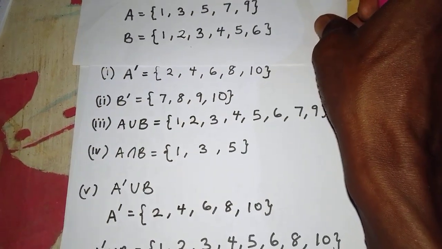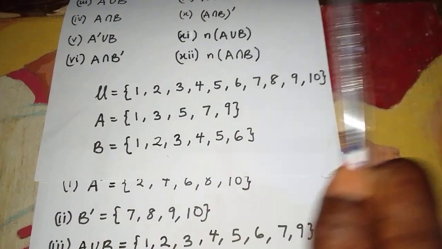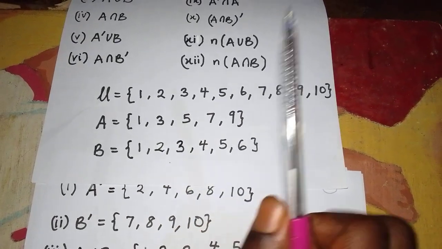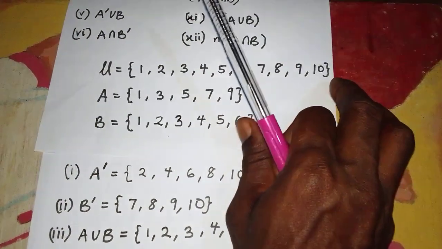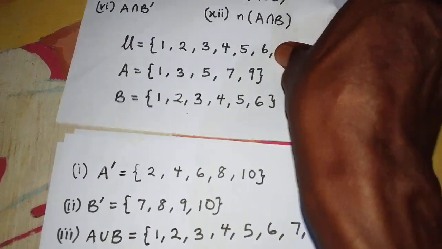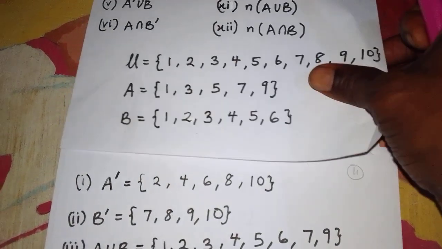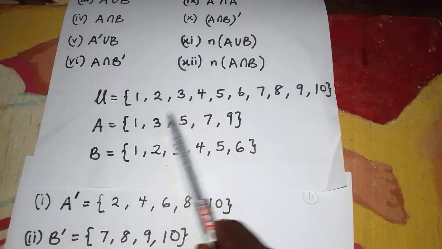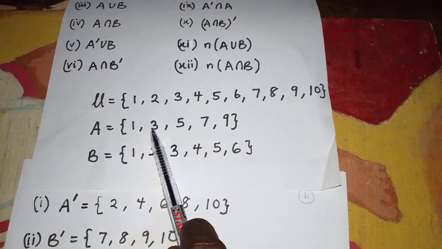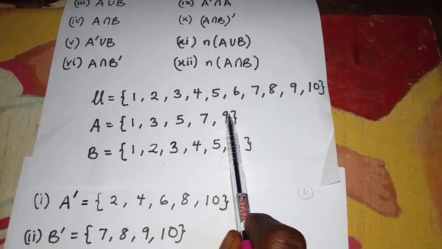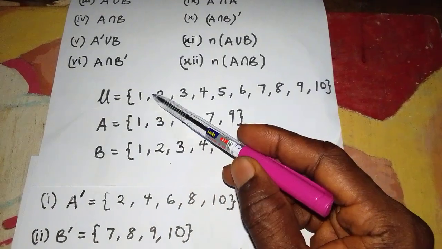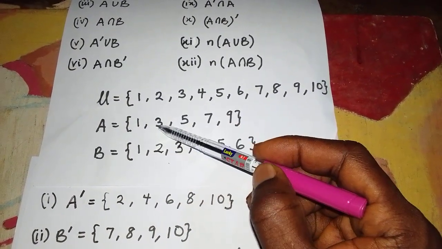That is, what is in this universal set, but not in A. So let's look at it. Now, in the universal set here, you have numbers 1 to 10. Then in set A, you have 1, 3, 5, 7, 9. So what is in A complement? What is in the universal set but not in A?